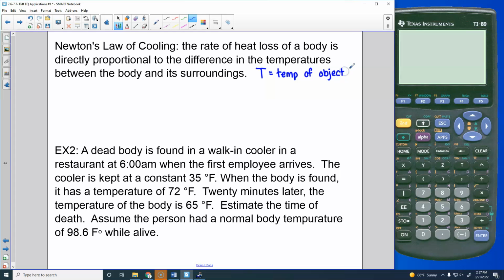And then I'm going to use a T sub A for the ambient temperature. Ambient temperature is the temperature of your surroundings. Like the ambient temperature in this room is probably 72 degrees, 70 degrees, whatever it is. If you're in a freezer, it's going to be much colder.